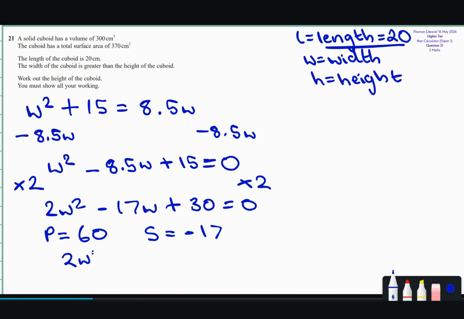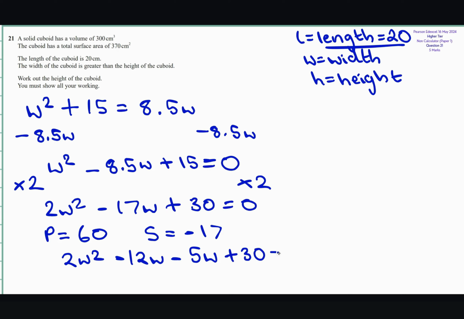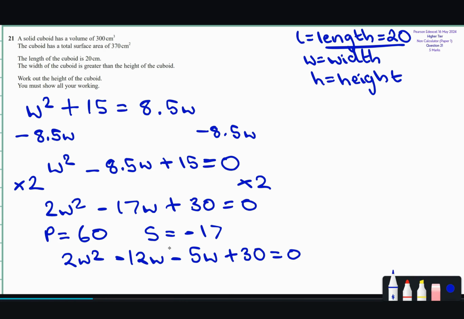So this means 2W squared minus 12W minus 5W plus 30 equals 0. So now I can factorize these two separately. So 2W and W minus 6, and then minus 5 and W minus 6 equals 0.